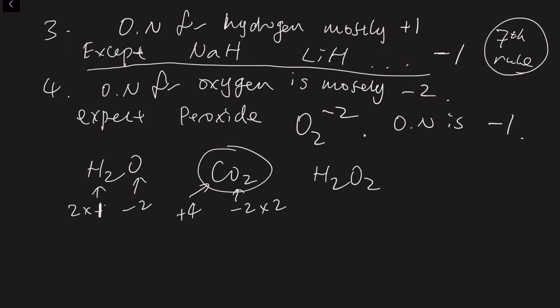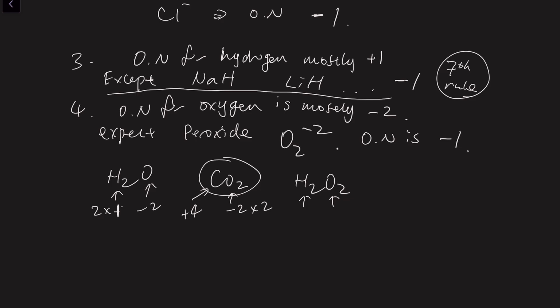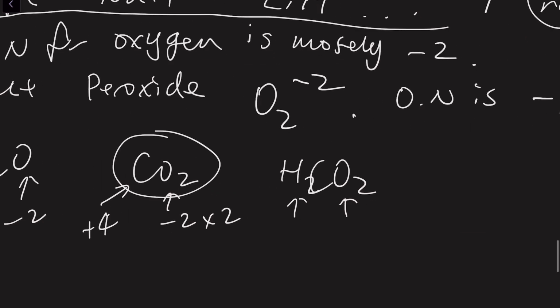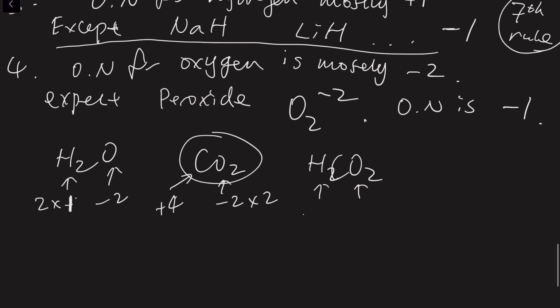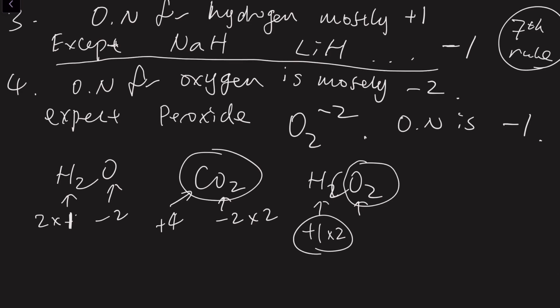Hydrogen peroxide, because it is peroxide, perhaps we can infer from the hydrogen that the positive charge is +1 times 2. So this part must have a charge of -2. Since we have 2 oxygen atoms, each oxygen atom should have a charge or oxidation number of -1.